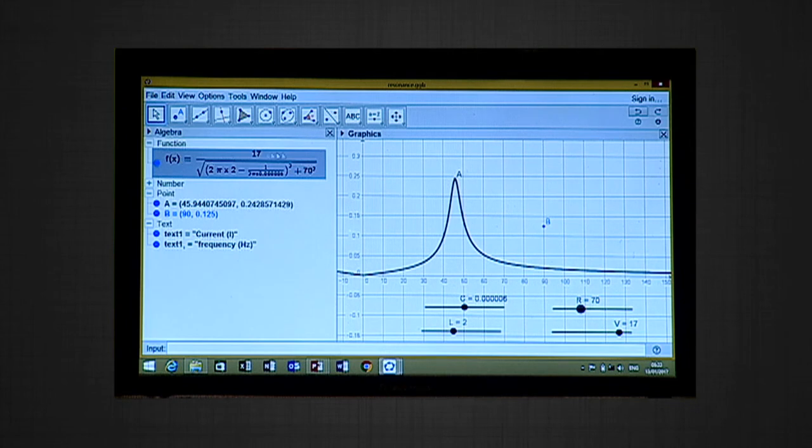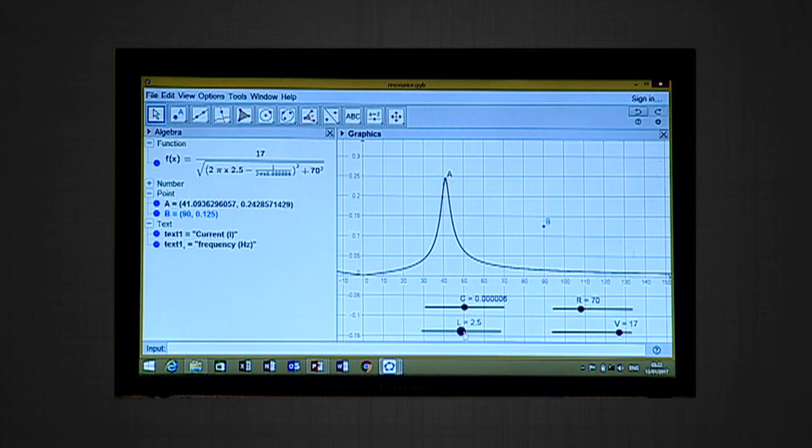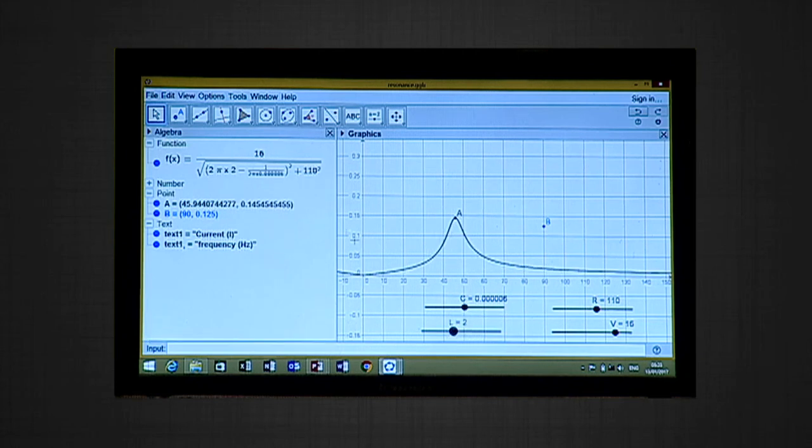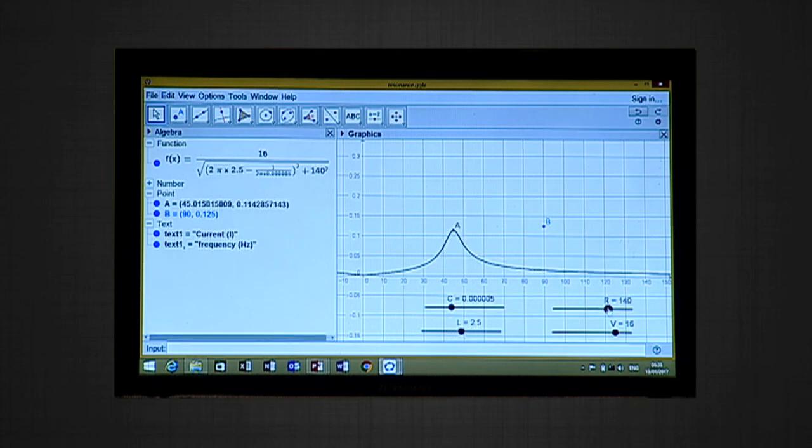We have the resonant frequency given by a formula written here, and if we change the values of L and C, we can see the value of the frequency at different L. At the same time, if I change C, you can see how the frequency decreases. Similarly, if we vary R, we can see how the amplitude of the graph gets lower. So by changing the values of C and L, we can see the pattern of this resonant frequency, and when the sharpness increases and decreases.